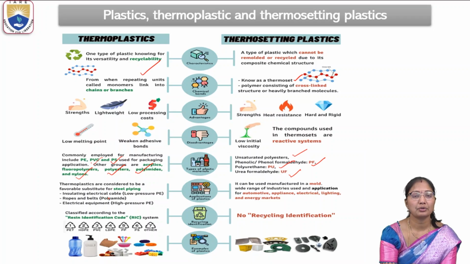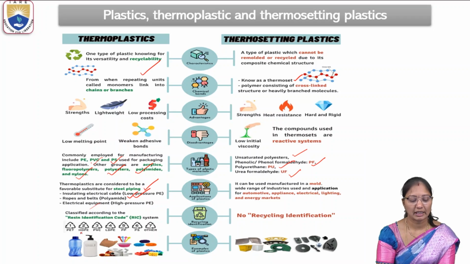These are considered favorable in plumbing and as a substitute for steel piping for water pumping pipelines. For insulating electric cables, low pressure PE was used; for ropes and belts, polyamide was used; and for electrical equipment, high pressure polyethylene was used.